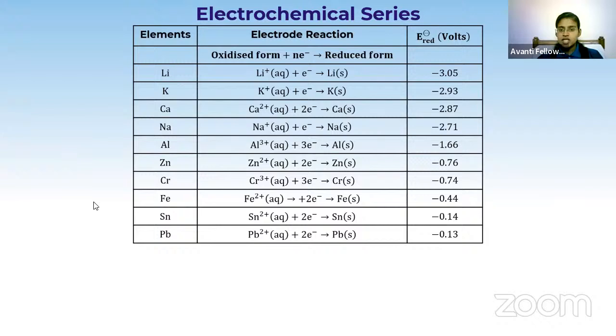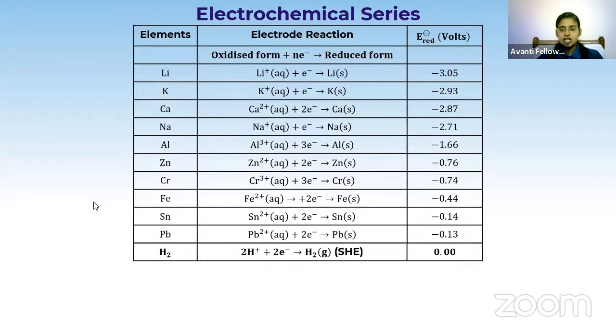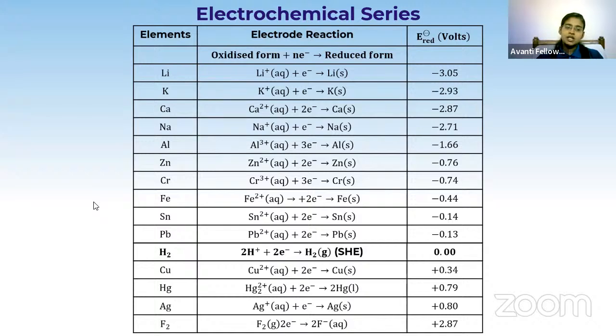So these are the metals at the top from lithium to lead. After this, we have the standard hydrogen electrode. And below this, I have copper, mercury, silver, and fluorine.